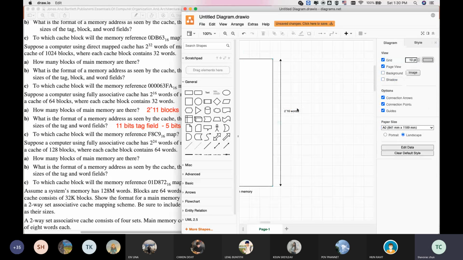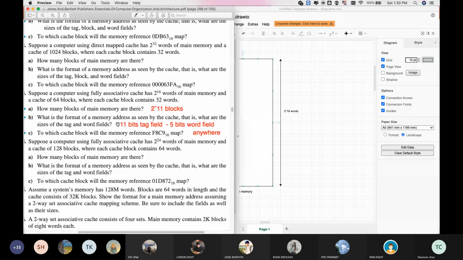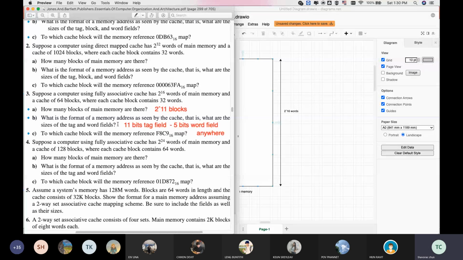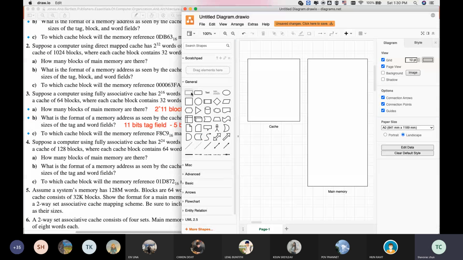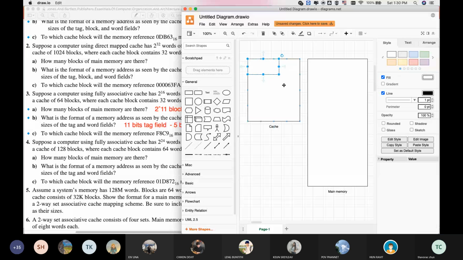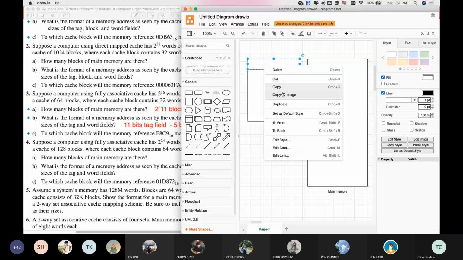So when you see here, we call it word because it is word addressable. Each word has one address. And then the cache has 16 blocks in here. Our cache has 16 blocks.